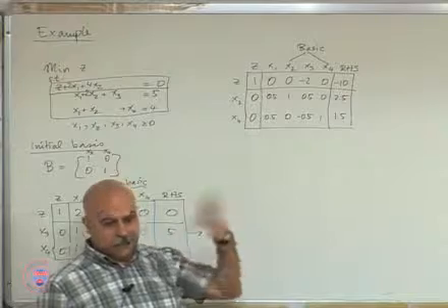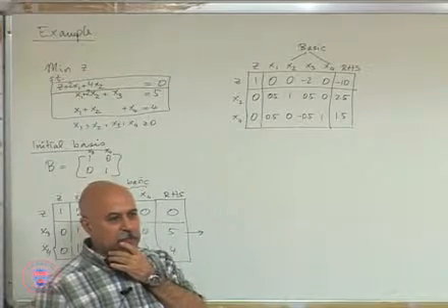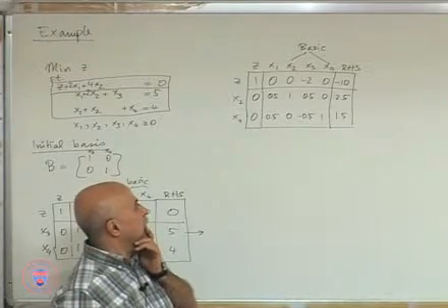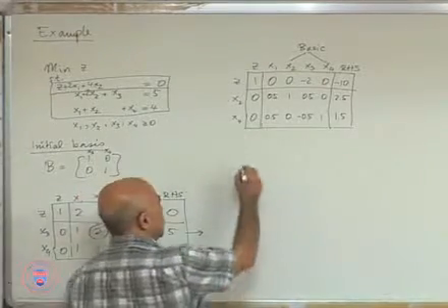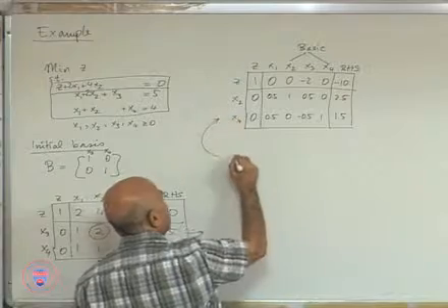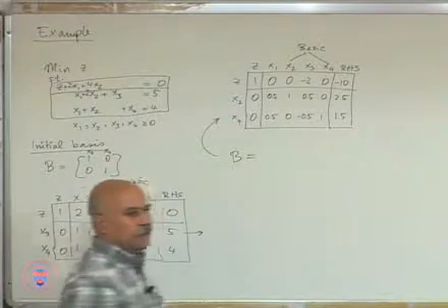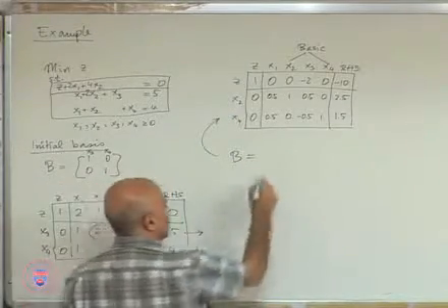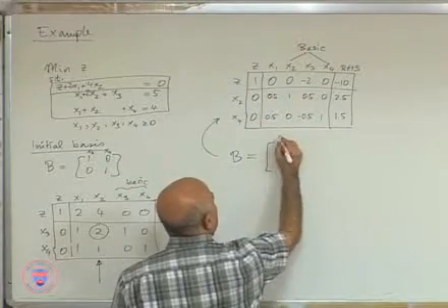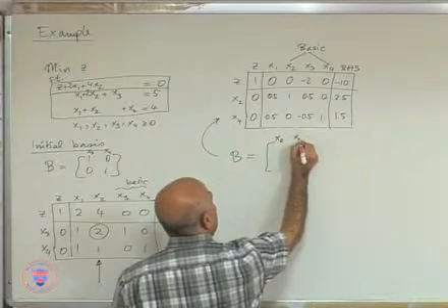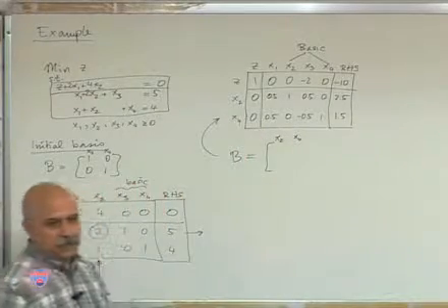So you can enter that and generate a new basic feasible solution. But before I do that, what is the basis here? What is the B matrix associated with this? It's the columns associated with x2, x4 in the same order as they are listed here.